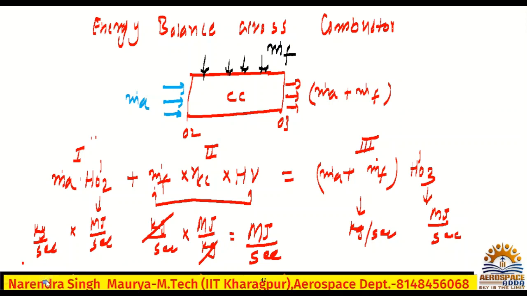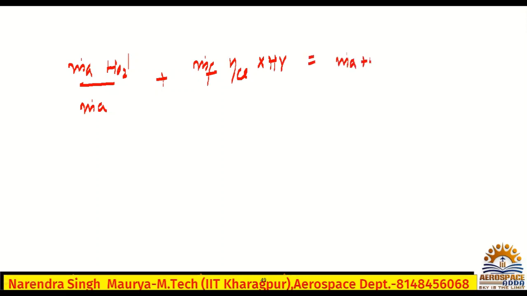So now again the same equation I can write. Check. I can write the equation now. M dot a h naught 2 dash divided by m dot a plus m dot f, eta cc into heat value, is equal to m dot a plus m dot f divided by m dot a plus m dot f, so that the dimension is the same, into h naught 3 dash.